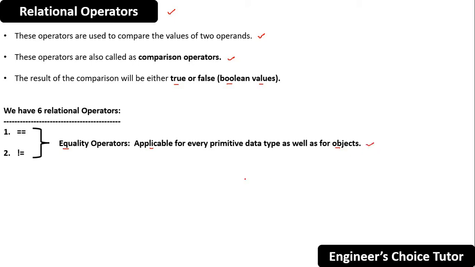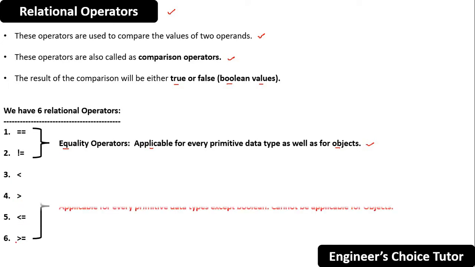And we have another 4 relational operators: less than, greater than, less than or equal to, and greater than or equal to. These 4 are only applicable for primitive data types except Boolean. In primitives also, they are not applicable for the Boolean data type, and they cannot be applied to objects.